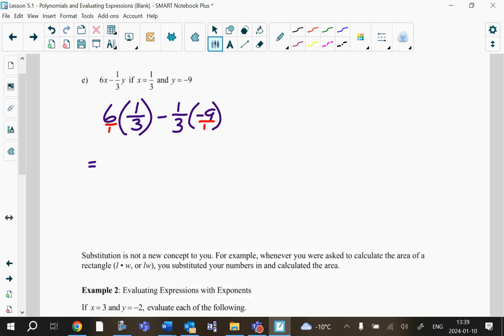Just 2. Go as simple as possible. Minus, what is 1/3 times -9/1? -9/3, which becomes -3, but then those become positive. So your final answer is actually going to be 5.